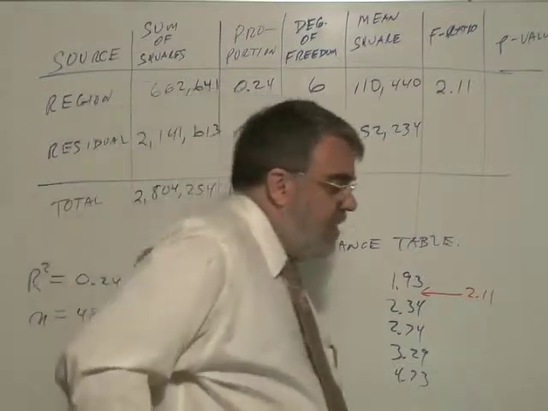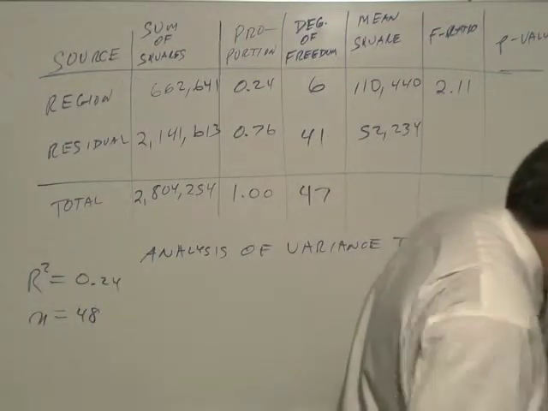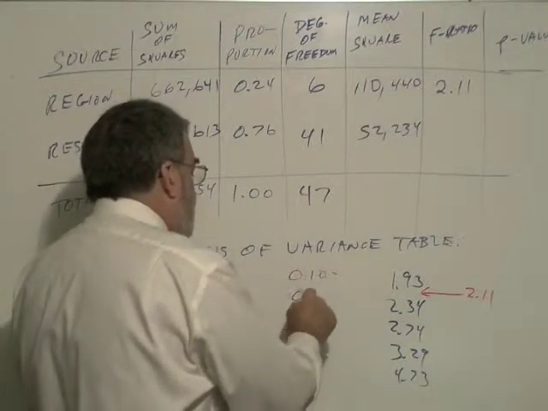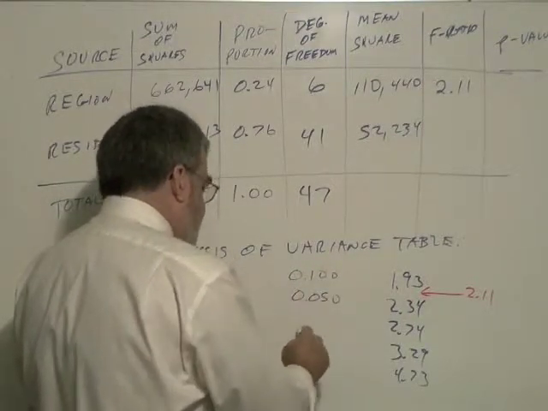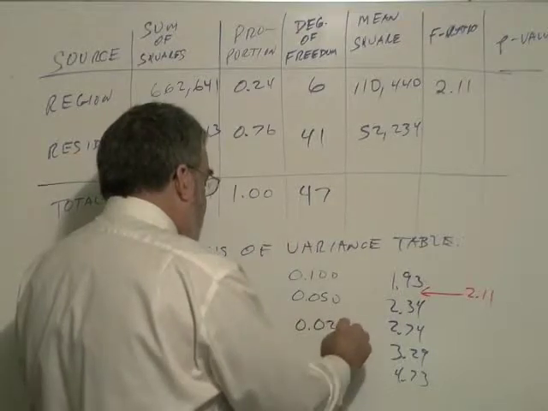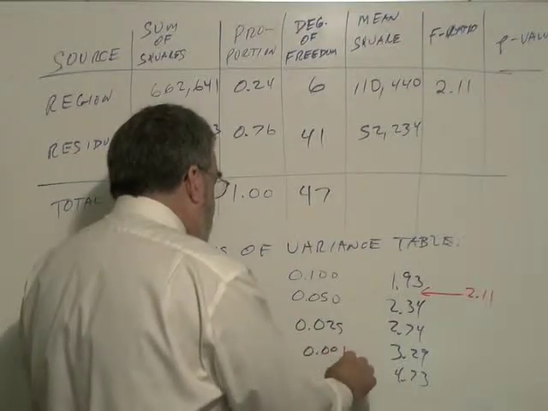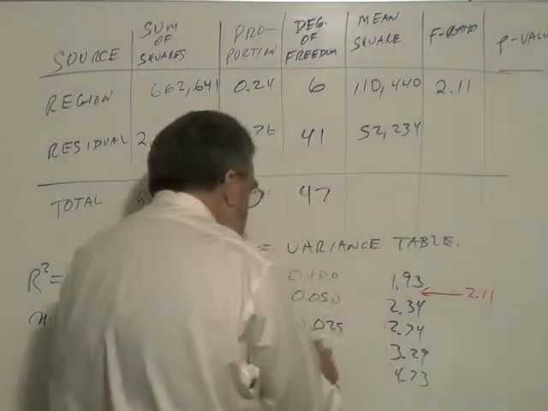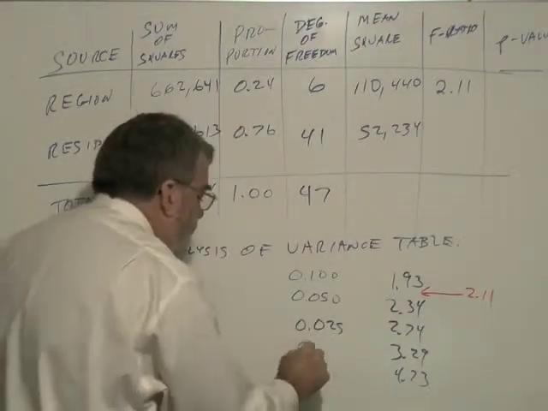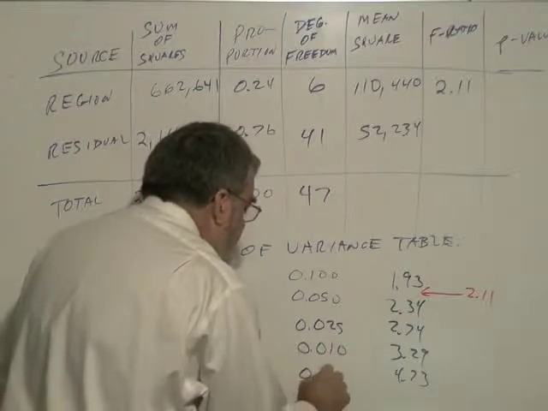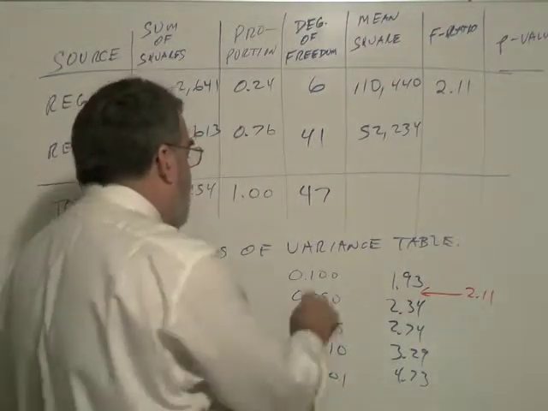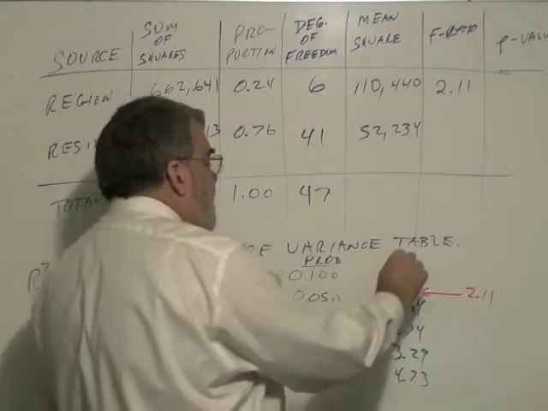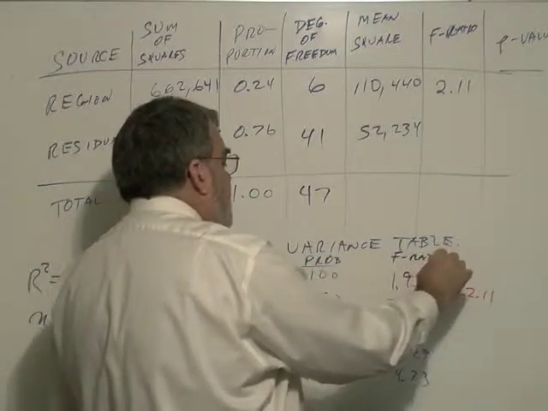And what are the probabilities? The probabilities are 0.10, 0.05, 0.025, 0.01. So there are the probabilities. And this is the F ratio number.